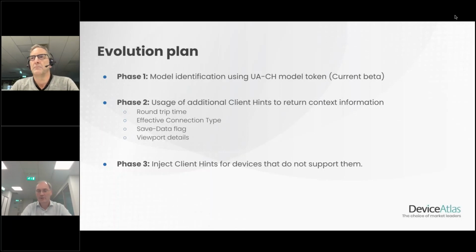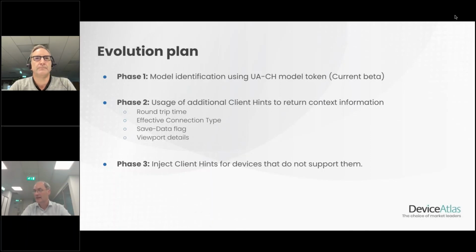The problem Ronan mentioned about huge numbers of devices out there not supporting client hints today. DeviceAtlas is available in a web server module form for Nginx, Apache, and IIS. And what we plan to do is, for devices that don't support client hints, we'll be able to generate client hints for them.